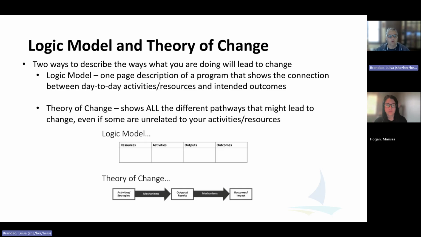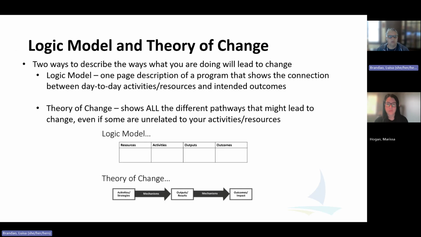So you have some activities and strategies, there are some mechanisms that happen, they result in some outputs, some things that you can measure, and then there are some other forces at play that lead to the outcomes that you're looking for.